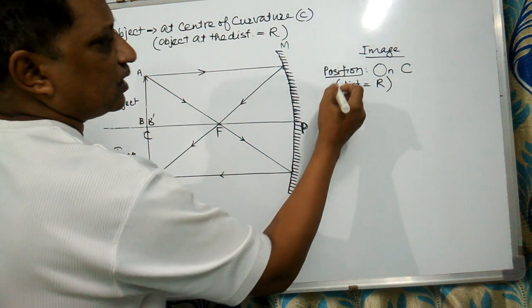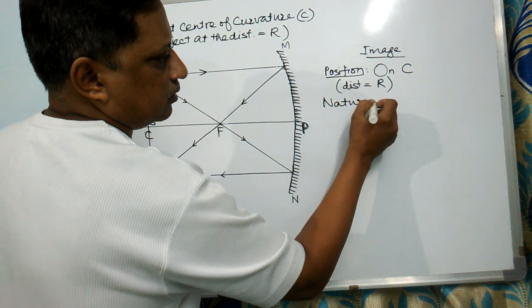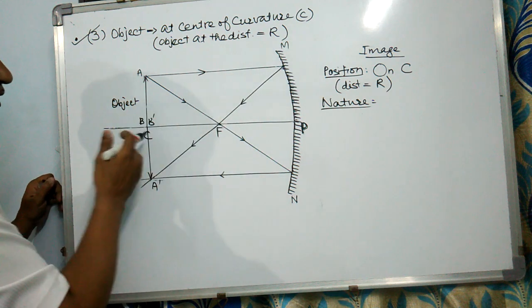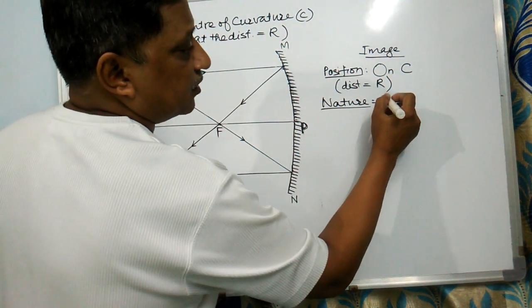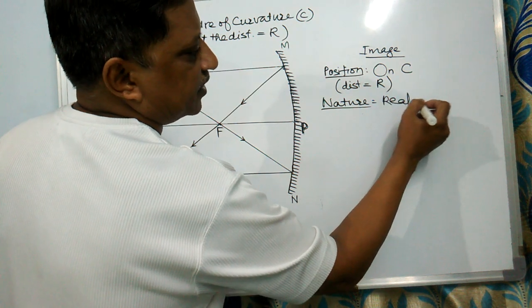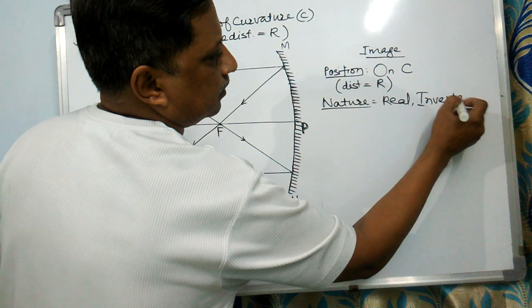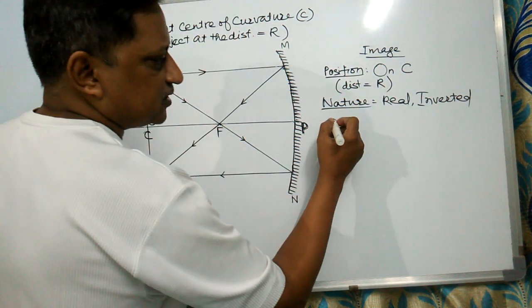Now nature. What is the nature of the image? The image is obtained in front of the mirror. Hence this image is real, and a real image is always inverted. And what about size?